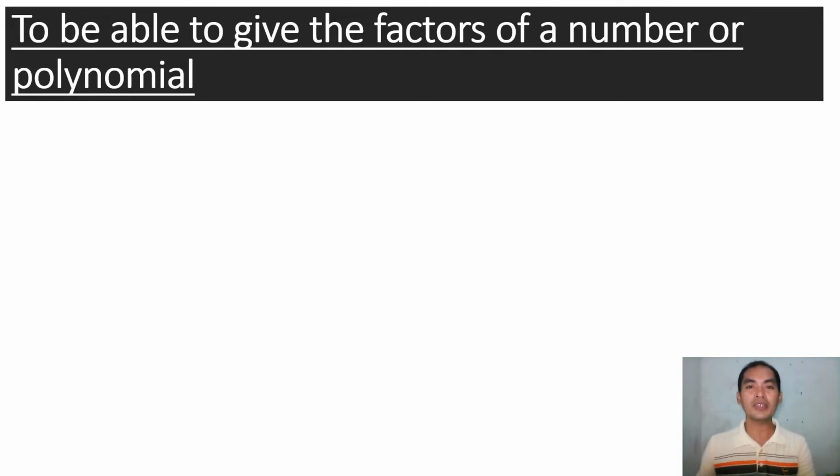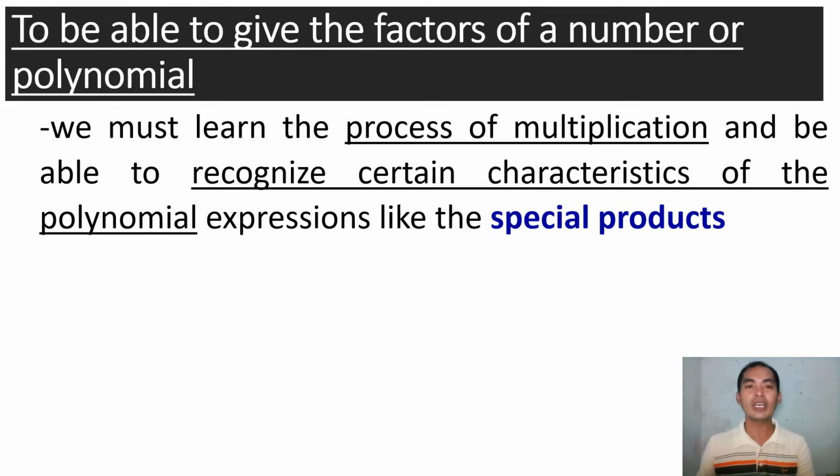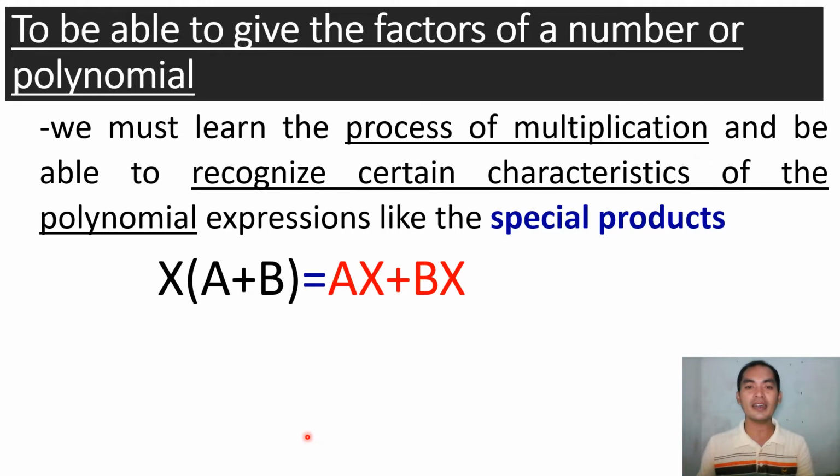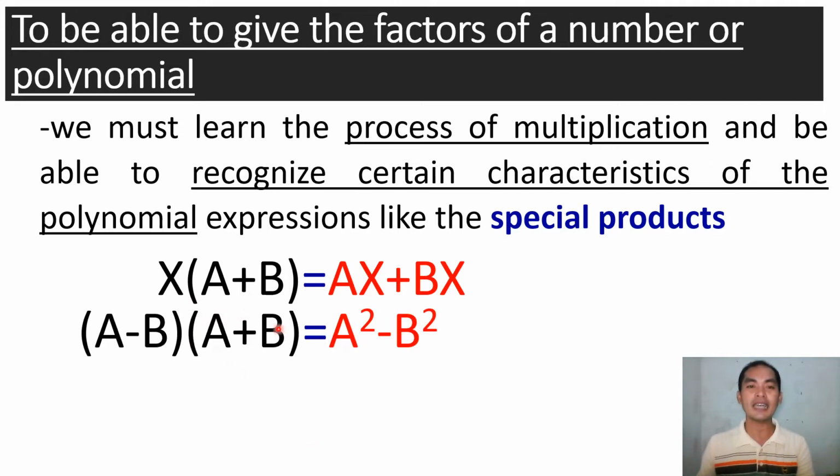To be able to give the factors of a number or polynomial, we must learn the process of multiplication and be able to recognize certain characteristics of the polynomial expressions like the special products. Enumerated here are the first 4 special products. We have x times the quantity of a plus b equals ax plus bx.